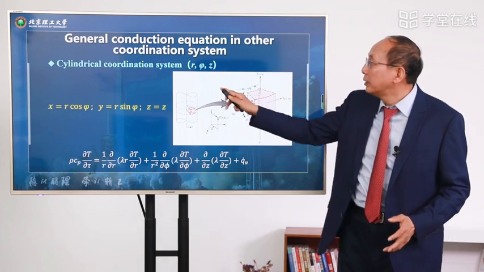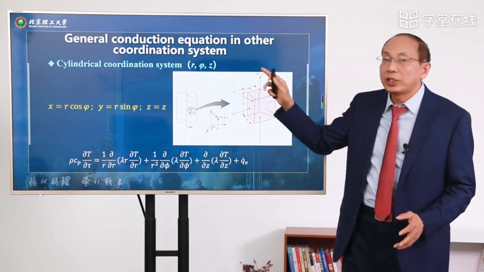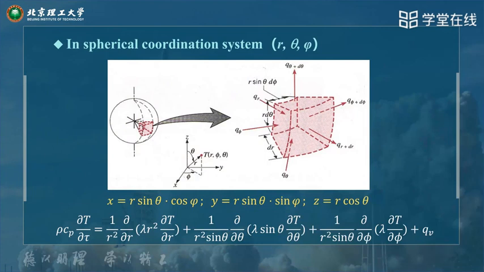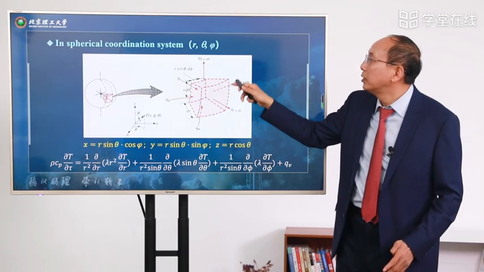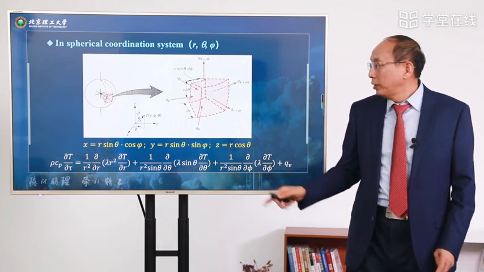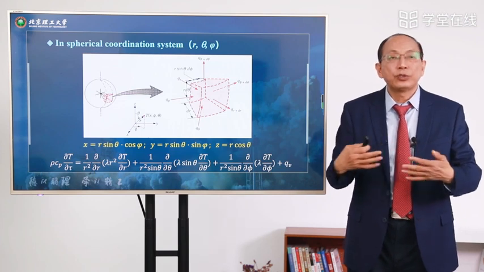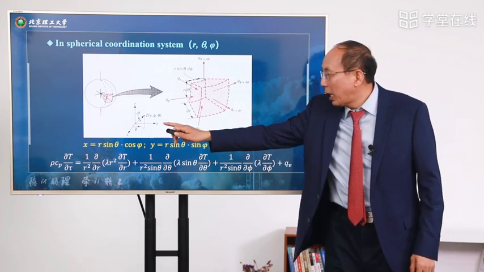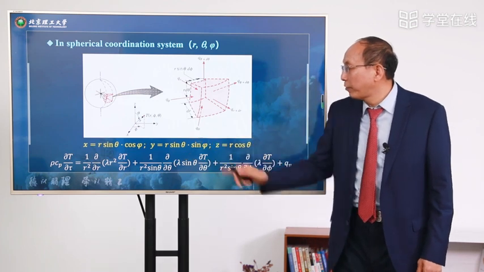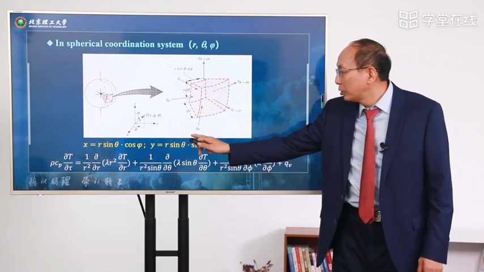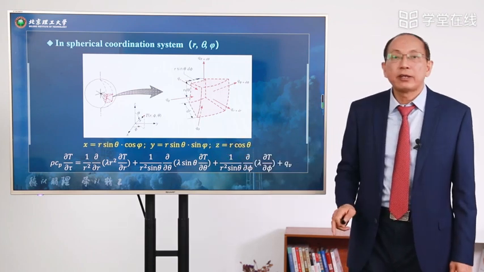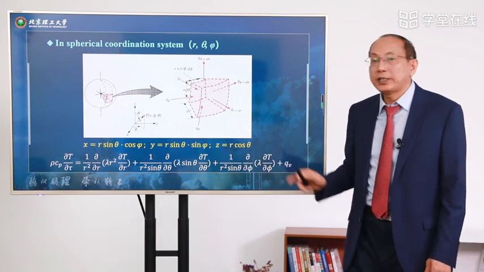Here is the cylinder coordinate system. Okay, in the spherical coordinate system r, theta, phi, we can do an axis change: x equals r sin theta times cosine phi, y equals r sin theta sin phi, z equals r cosine theta.